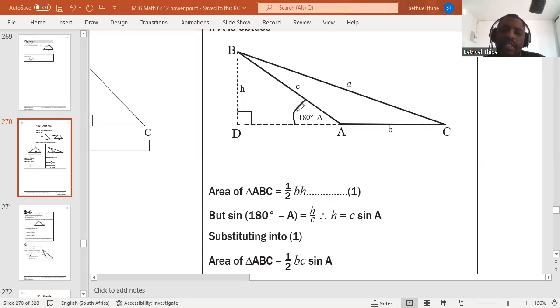And we are going to say the sine of the angle is the same as opposite all over hypotenuse.